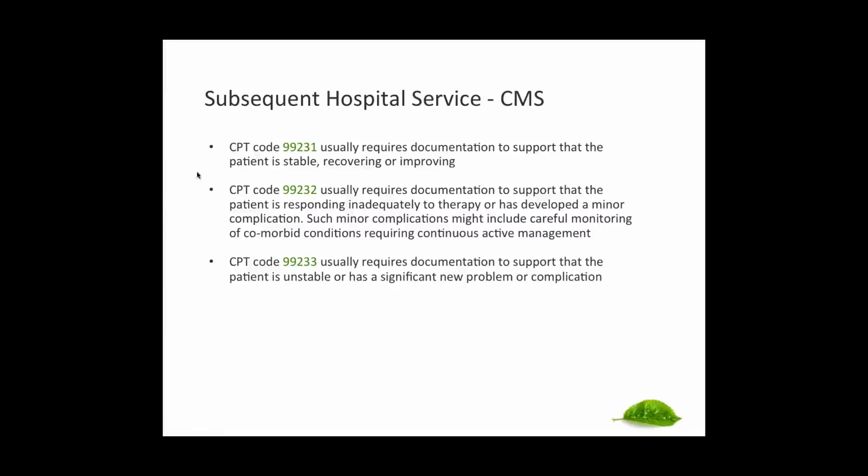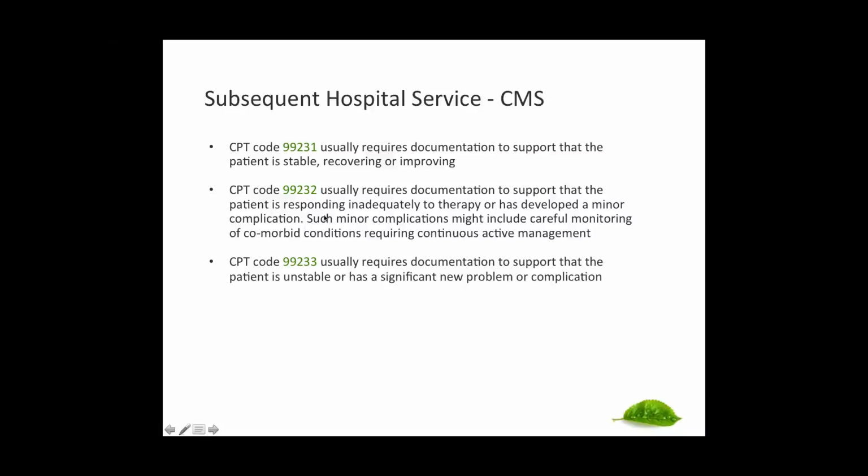And this is a little bit of a backwards way of thinking about these codes. So, first considering what does the patient have going on to decide, is the patient stable, recovering, or improving? And again, what does the documentation look like to that? I mean, you would assume if they were one of these, that there's probably not going to be a comprehensive history, a comprehensive examination.